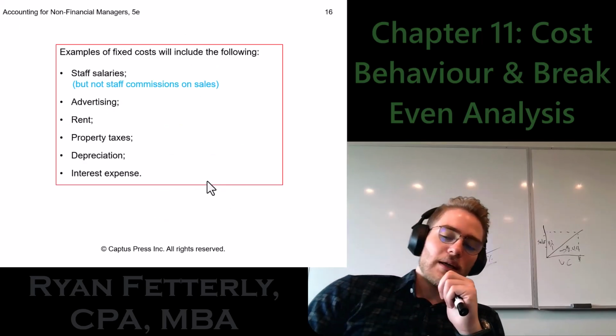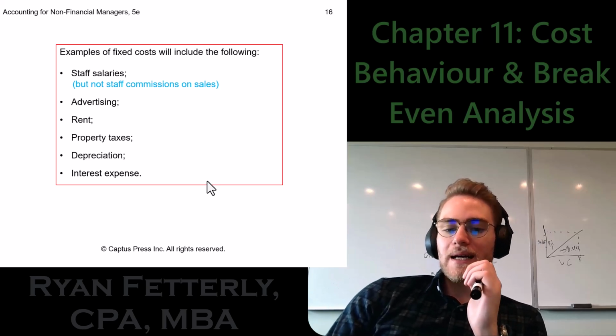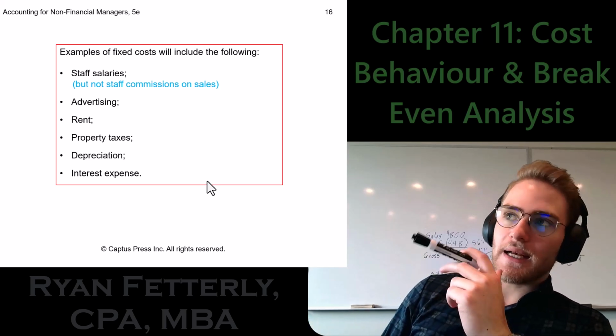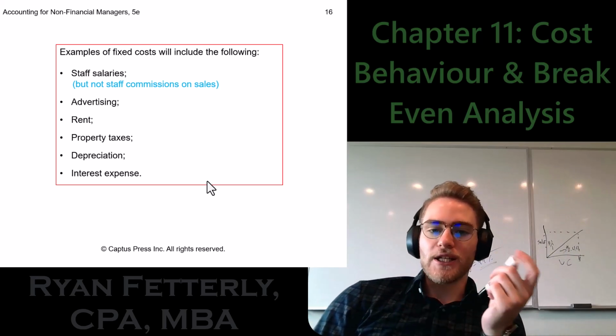Here are some examples, right? Advertising, rent, property taxes, depreciation. For instance, usually you set your advertising budget for the year and then you execute, right? You don't change your advertising budget.